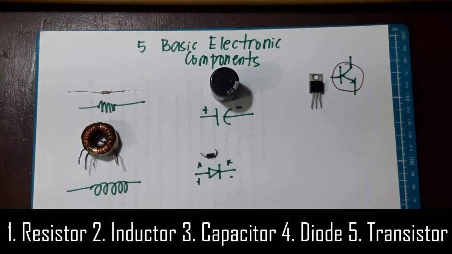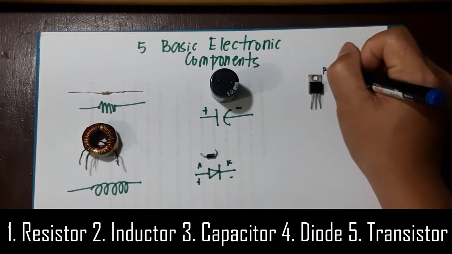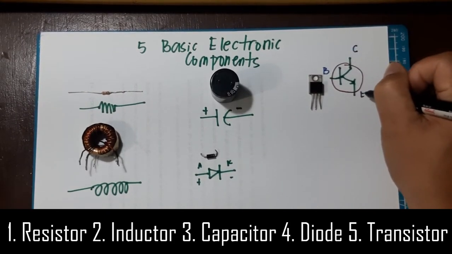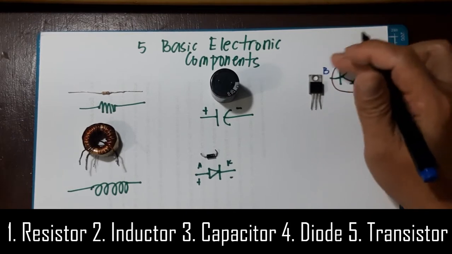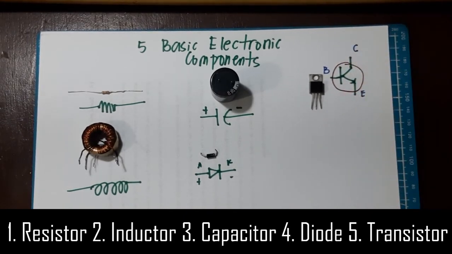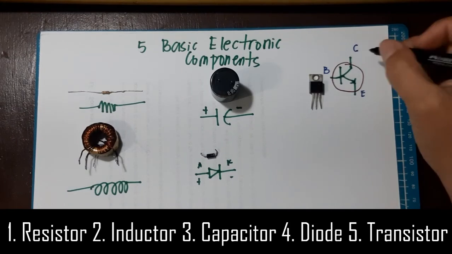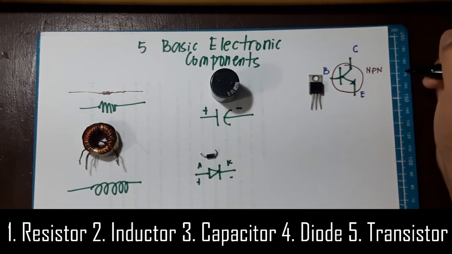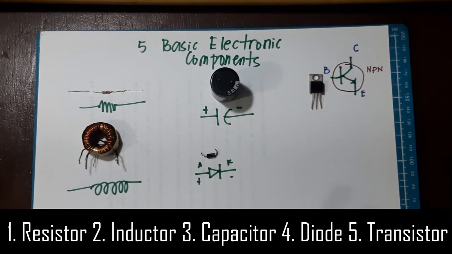So you have your base, collector, and your emitter. This type of transistor is what we call NPN. The other type of transistor is what we call PNP.